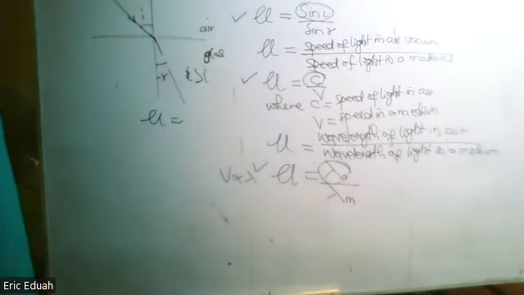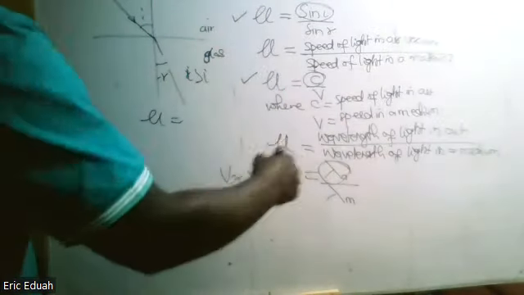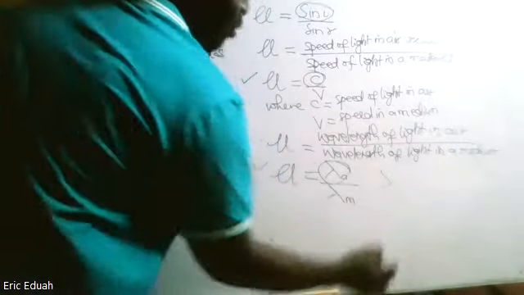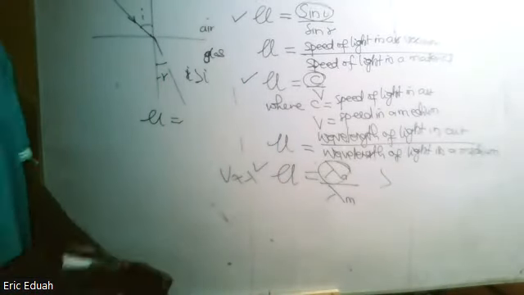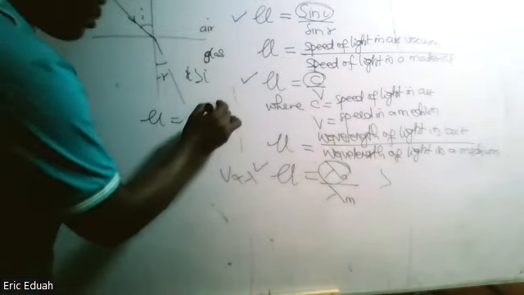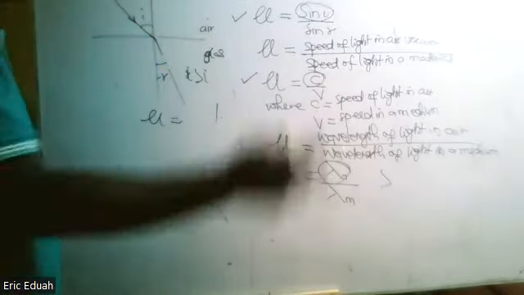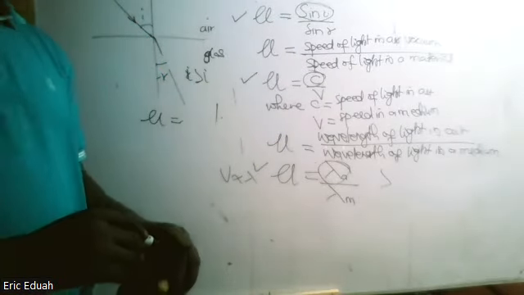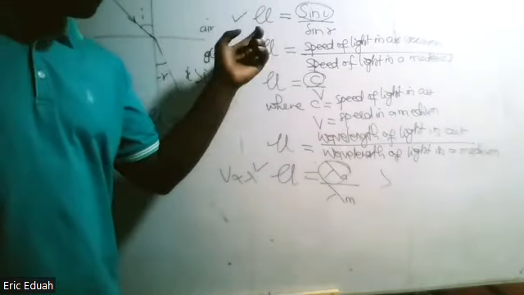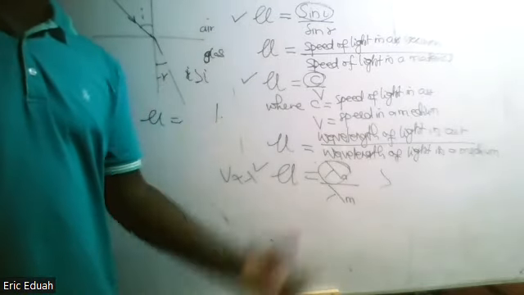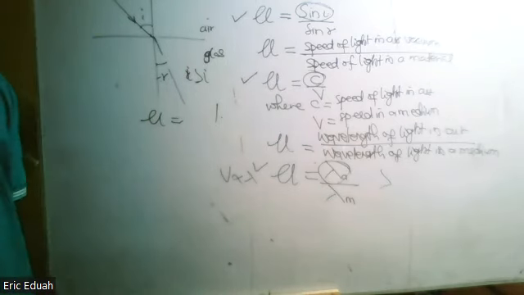And if you have a fraction and the numerator is greater than the denominator, then the result would always be greater than 1. If you have 10 divided by 9, the result will be 1 point something. So because in each case the numerator is greater than the denominator, the whole result, which represents absolute refractive index, would also be greater than 1. That's all that I'm saying.